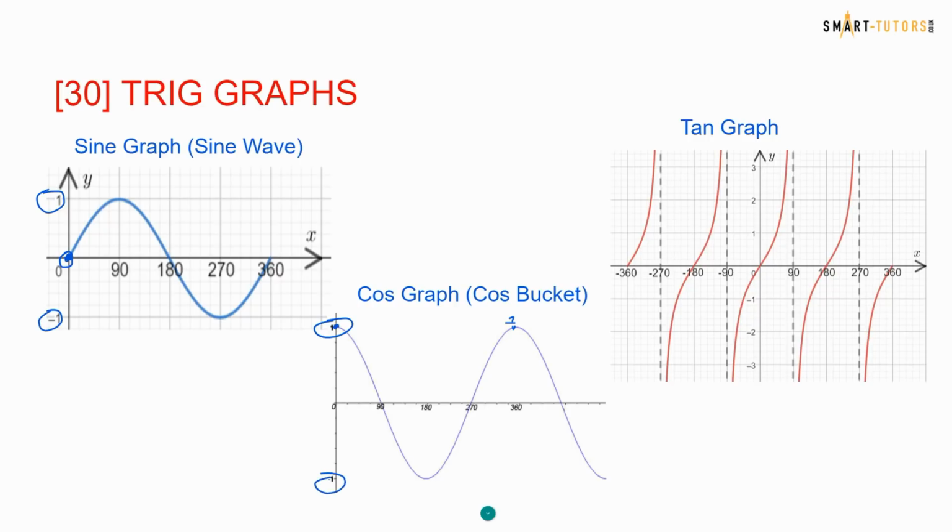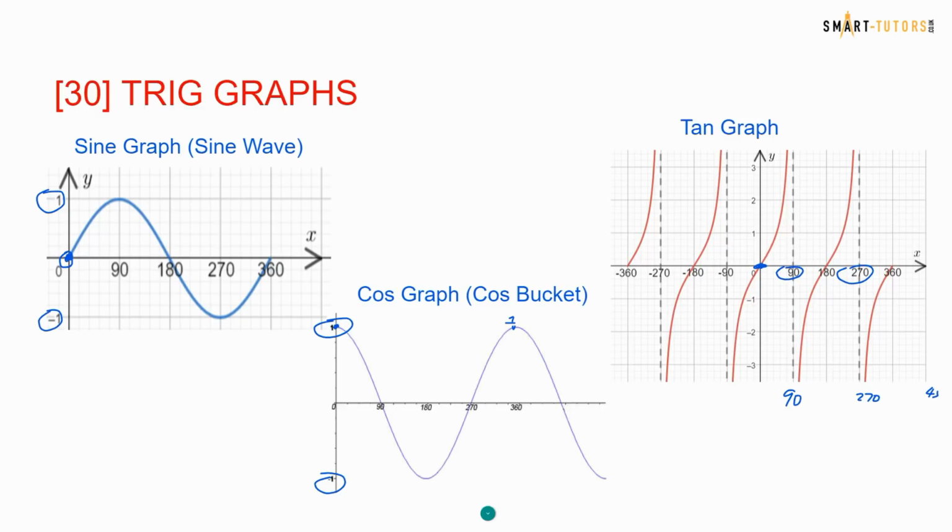Tan graph. You need to remember the pattern of the tan graph. In the tan graph, tan 0 is 0. 90, 270, all the odd multiples of 90. So 90, not the even multiple. Odd means 270, not 360. Next one, 450. We call these asymptotes.